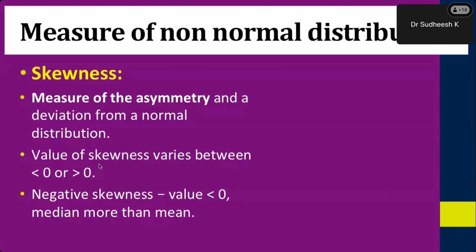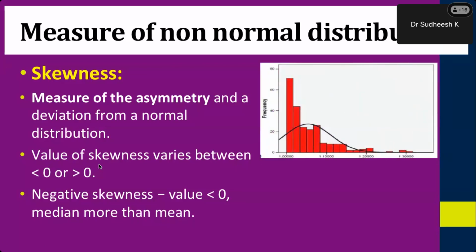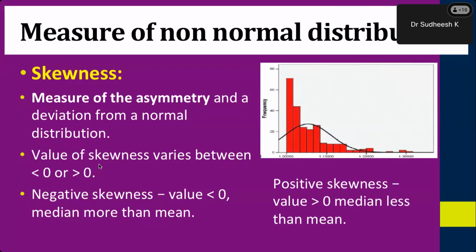A value of skewness varies between more than 0 or less than 0. Less than 0 being negative skewness, more than 0 being positive skewness. If the skewness is negative, that means the median can be more than mean. Positive skewness means a value more than 0, and the median is less than mean.